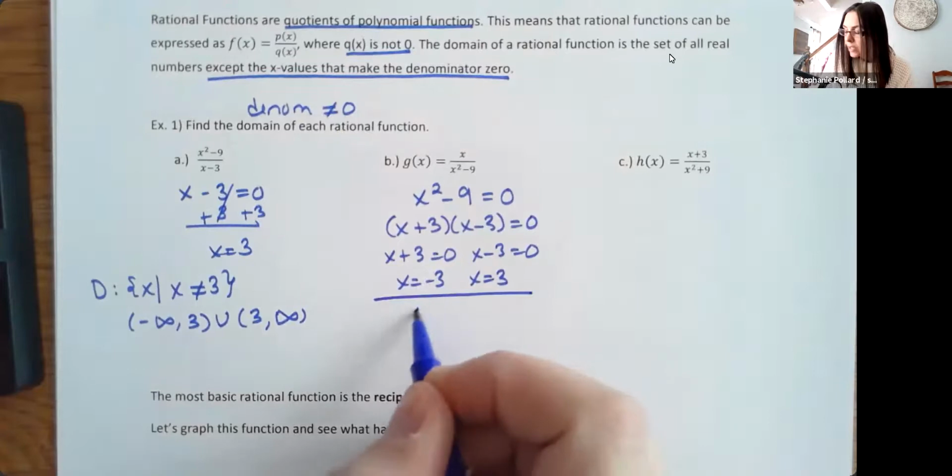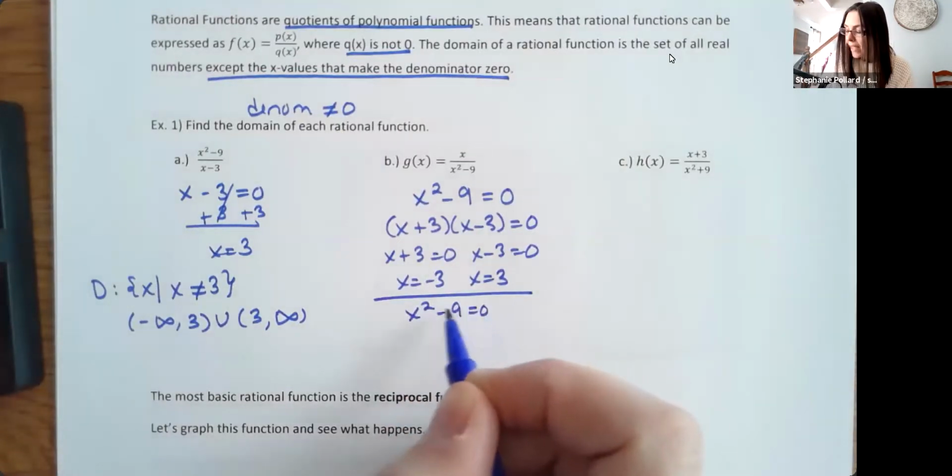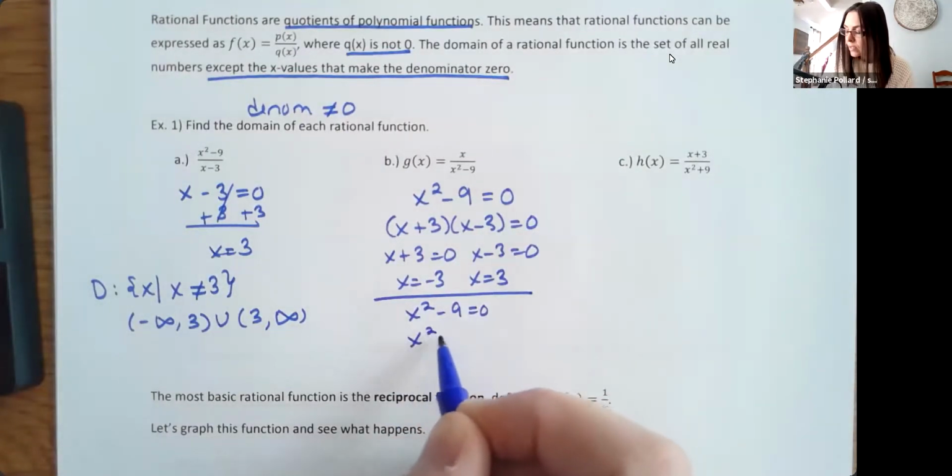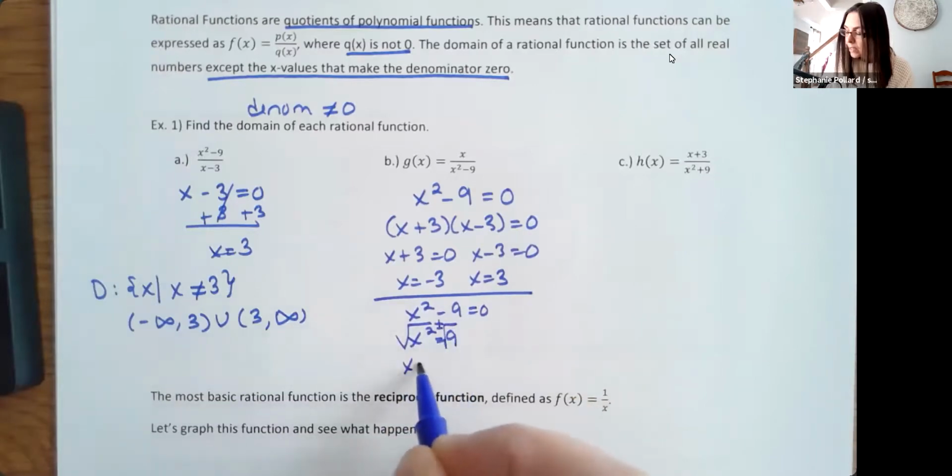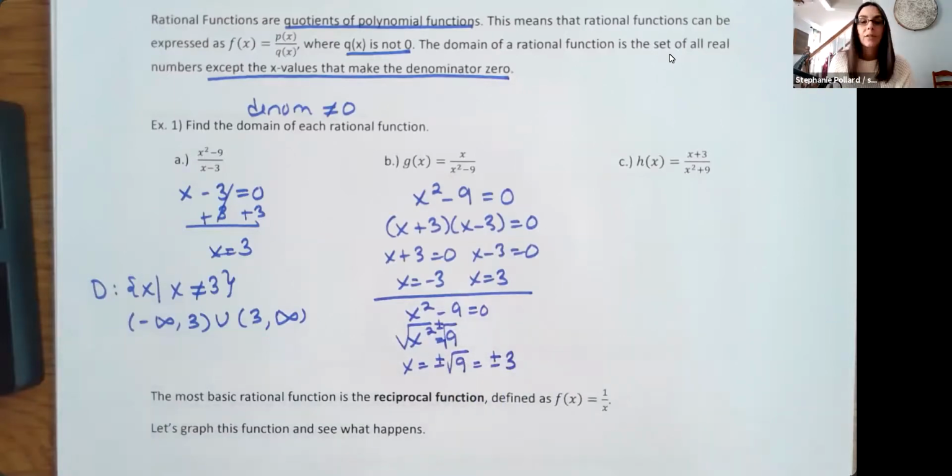For this problem, there's actually another way you could do it too. You could add the 9 to both sides first, and then take the square root of both sides. Remember that we take the positive and negative square root, so you'd end up with still positive and negative 3 as your values. So in this case, you have two values that you're excluding from the domain.